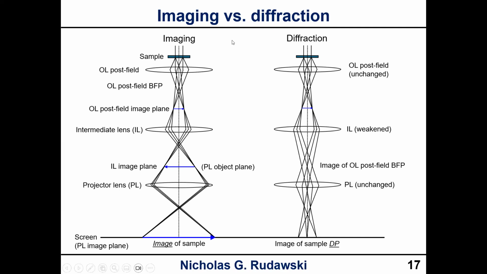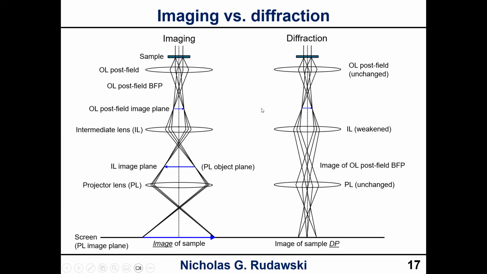If we want to instead see a diffraction pattern, which is right here, as you can see, we're not seeing that on the final screen here. We're seeing an image. What we have to do is make a tweak to the intermediate lens, and specifically, we have to weaken it. If we weaken it, what happens then is we end up selecting the back focal plane of the objective lens post field as the object plane for the intermediate lens.